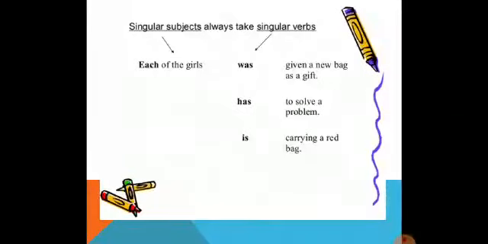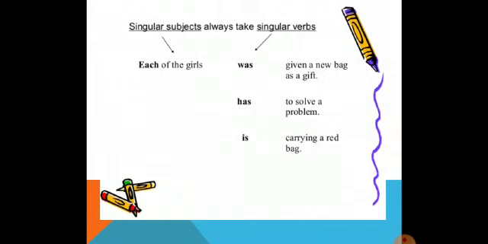Again, when I say each of the girls, don't forget there is each here. Of course, when I say each of the girls, each of the boys, I have to put a plural after of. But this doesn't mean that the verb will match with the word that follows the indefinite pronoun.